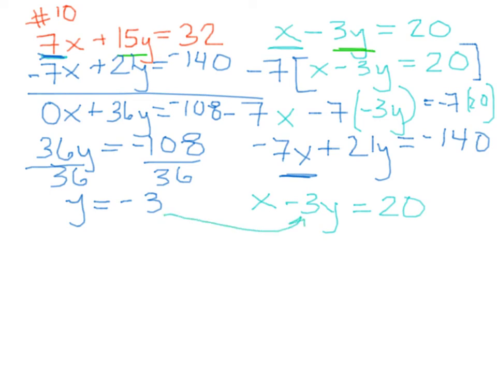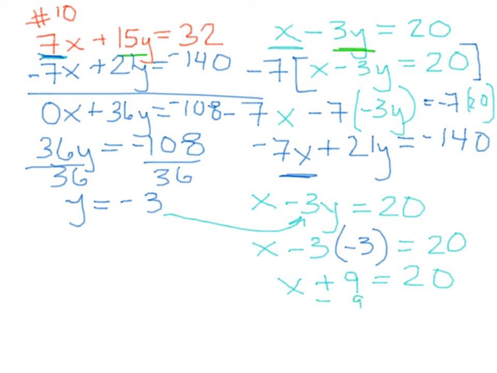I get x minus 3 times negative 3 is equal to 20, and that gives me x plus 9 is equal to 20. I subtract 9 from both sides of the equation, and I end up with x is equal to 11, and I have the ordered pair 11 comma negative 3.